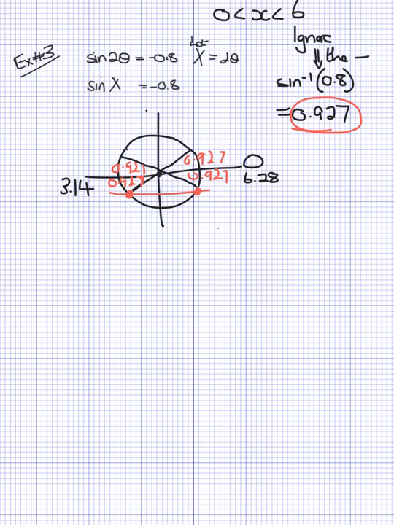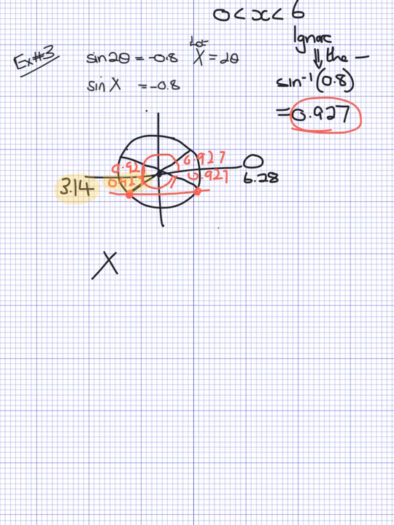Well, x is going to therefore equal 3.14 here plus 0.927. It's also going to equal this angle here, the angle starting at 0 and going all the way around to that, which is of course going to be 6.28 take 0.927.